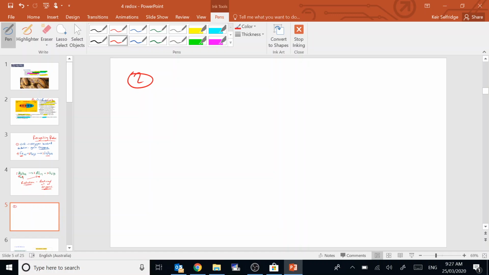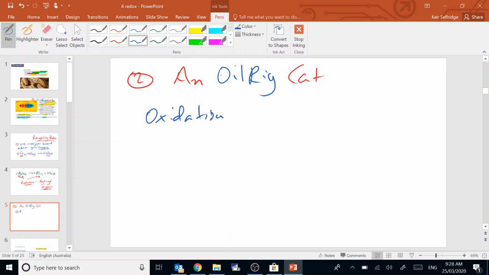And the second way of spotting is where you use an acronym, OIL RIG. And once again, to spell out what they mean, oil, oxidation is loss.